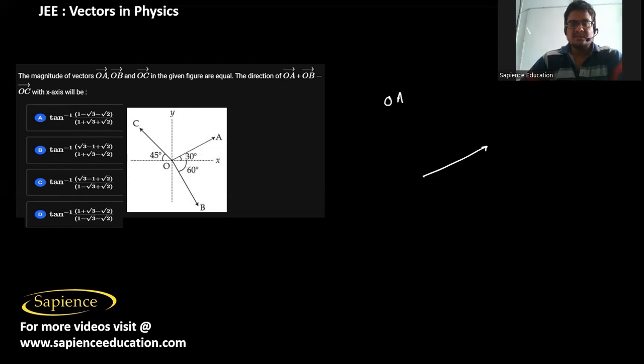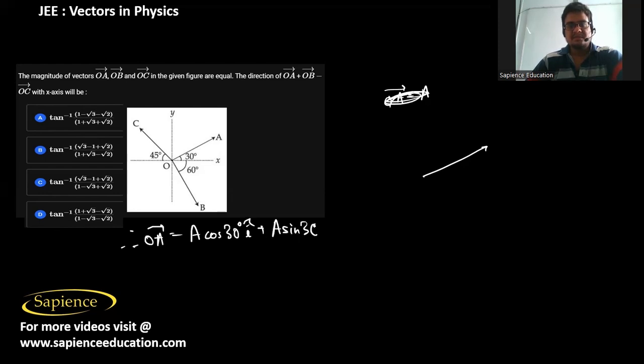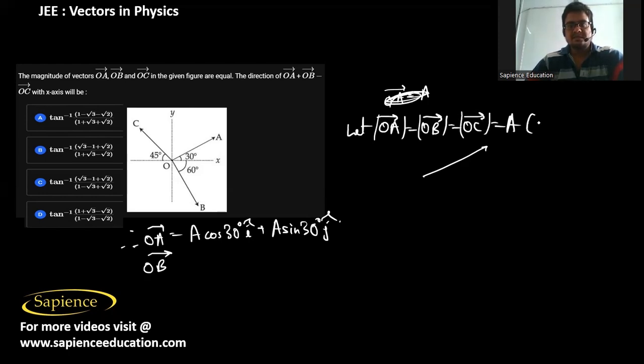So let's say OA magnitude is A. Therefore OA vector I can say is equal to A cos 30 degree i cap plus A sin 30 degree j cap, and OB vector. So let's say OA magnitude is equal to OB magnitude is equal to OC magnitude is equal to A, suppose.